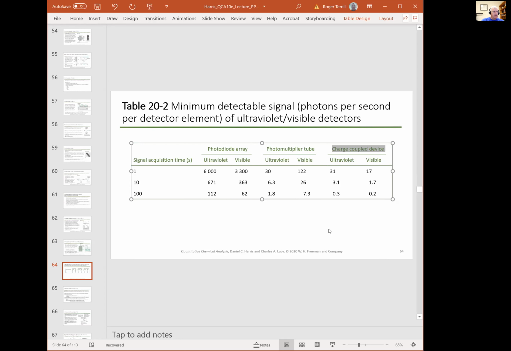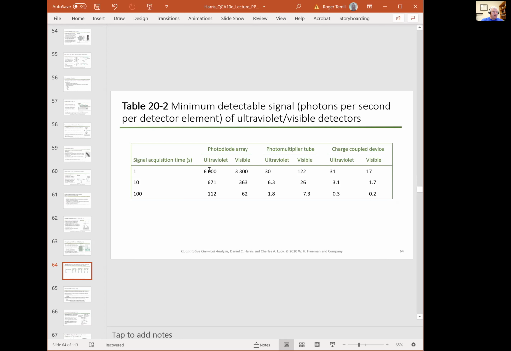I just want to bring one thing to your attention: as the signal acquisition time increases from 1 to 10 to 100, the minimum detectable signal decreases.